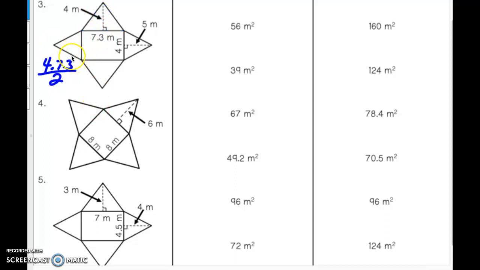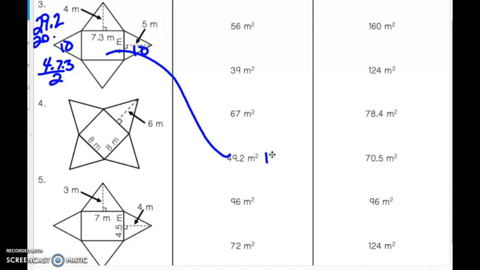Those two triangles together equal 29.2. And then this is 10 and 10, because 4 times 5 divided by 2 is 10, and we have 2 of those. So we're going to add 20 to that. So those added together equal 49.2.